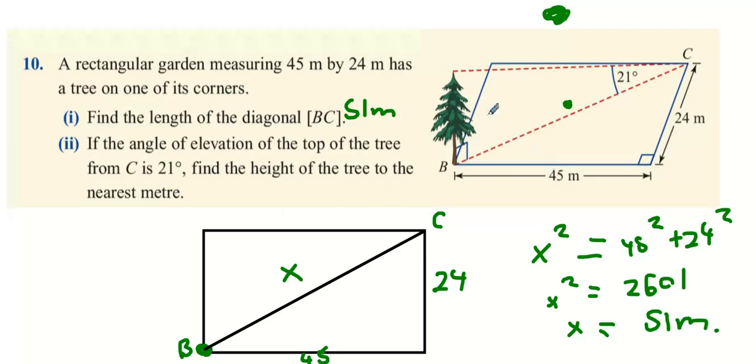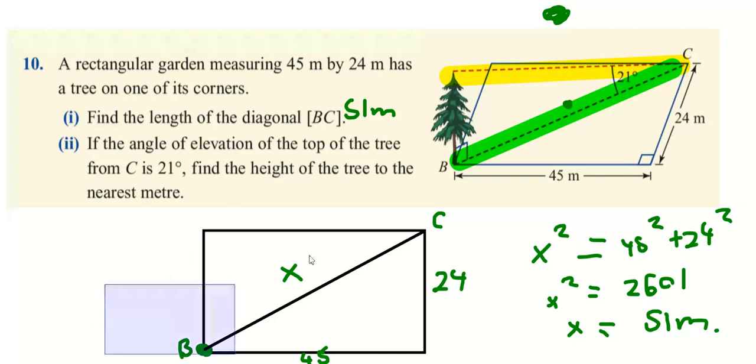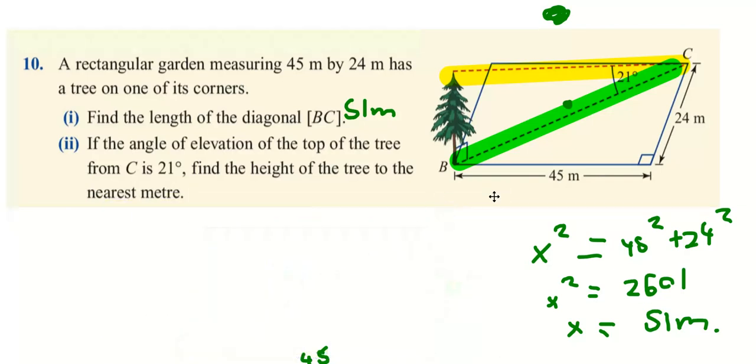Well, what this is doing here is we're actually concentrating on this diagram here, where the green line is distance along ground, the yellow line is what angle it makes to the ground, and then this makes a right angle triangle with the pink line, which represents the height of the tree. So if I was to do that diagram in 2D, which is probably the best way to explain these things, I always find I break up my 3D diagrams into 2D a lot.